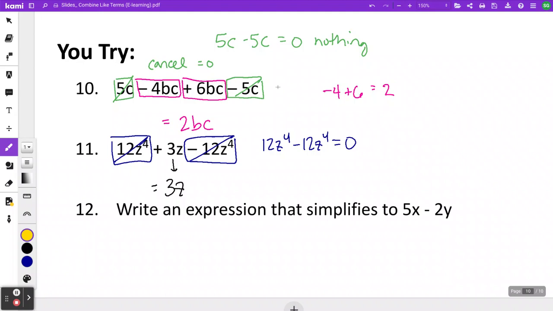Can you come up with a problem where the answer would be 5x minus 2y? Can you come up with something more complicated, basically, where if I did the math, it would equal this? If you've got this one down, then you understand this concept. Go ahead, pause the video now and try this.